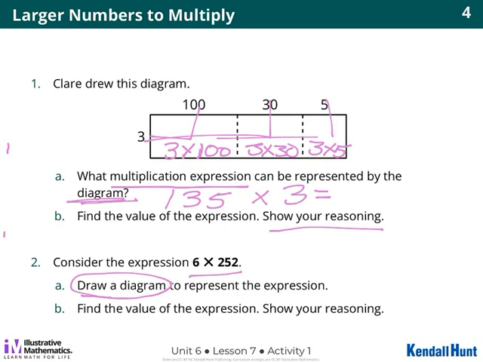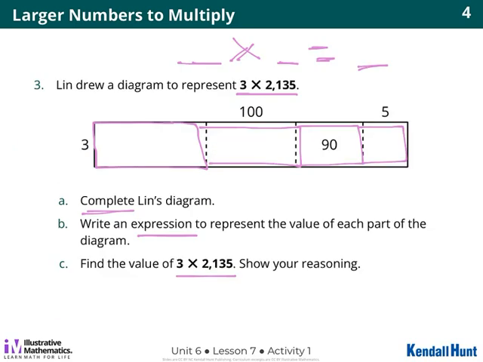So the reason for that is these are separated by place value. There are imaginary plus signs right here. And what they've done is they've separated 135 into hundreds, tens, and ones.